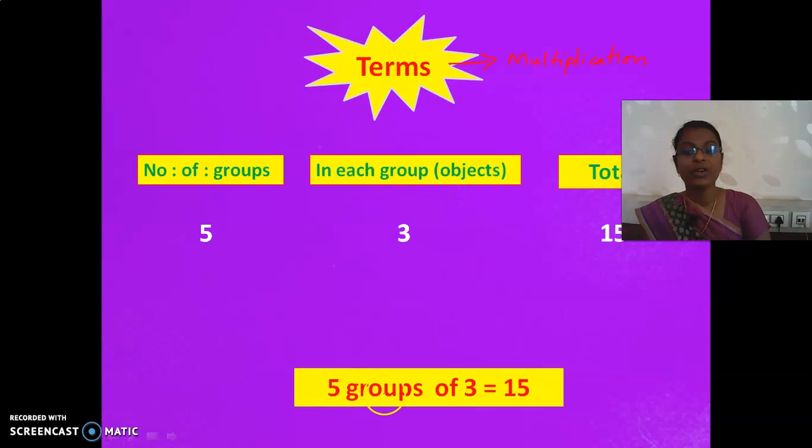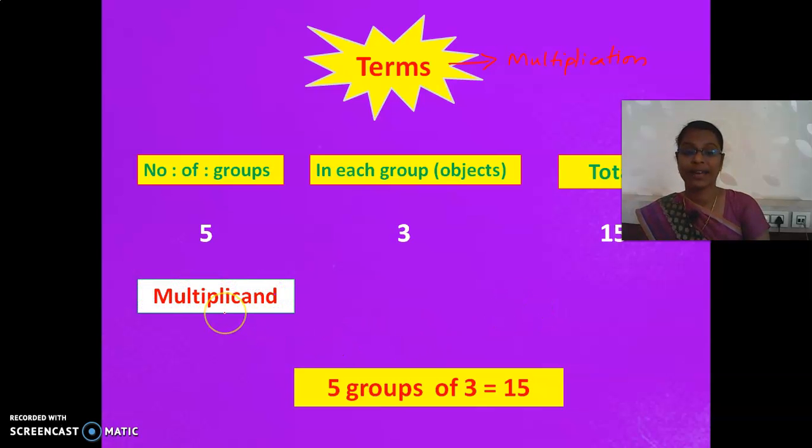See here, 5 groups of 3 is equal to 15. What is that? 5 groups of 3 equal to 15. So here the number of groups is 5. In each group I have 3 objects and the total is 15. And here I am going to introduce the new terms of multiplication.